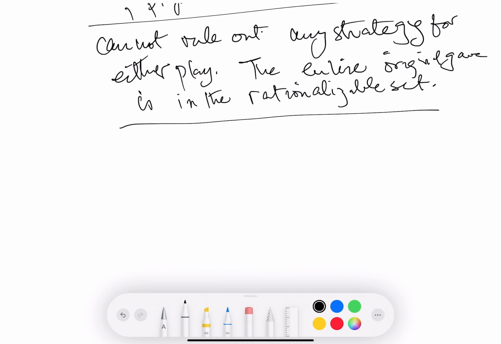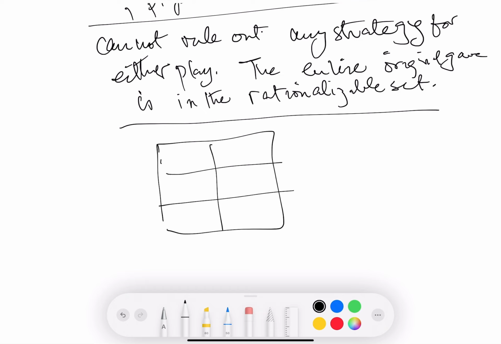Look at this game, okay? I'm only looking at player one's payoffs. So I'm not looking at player two's. Okay?